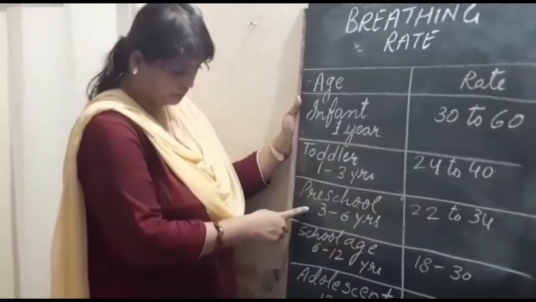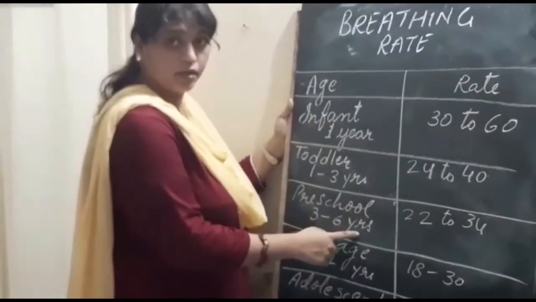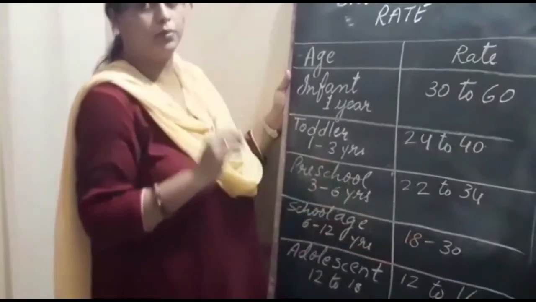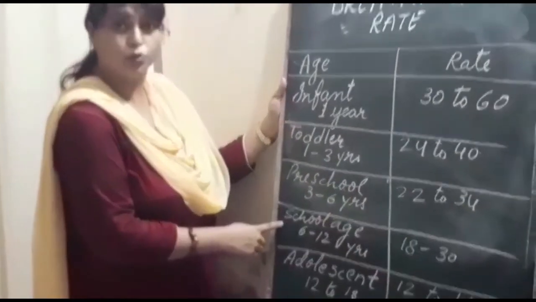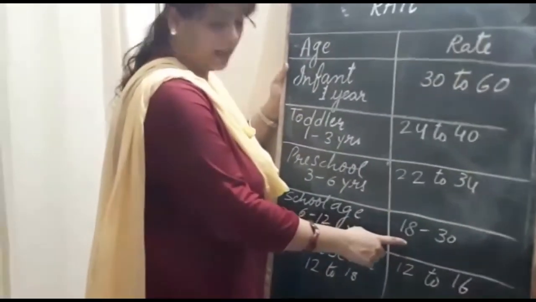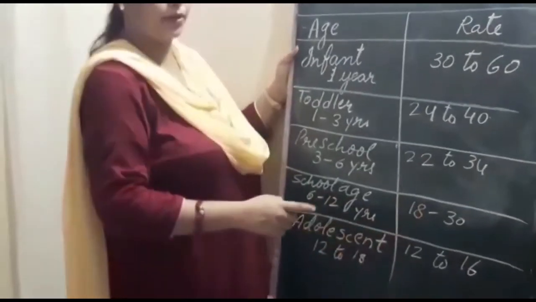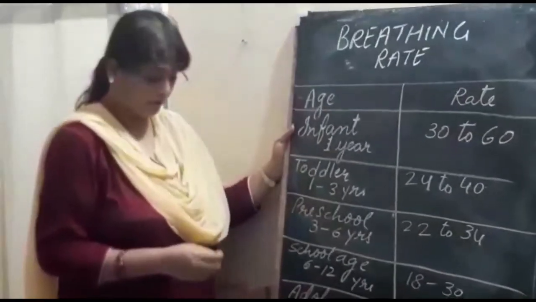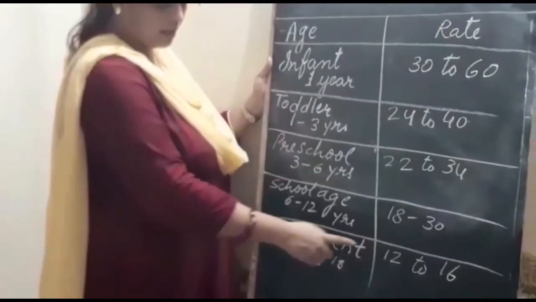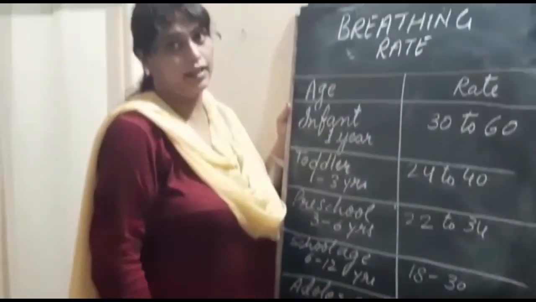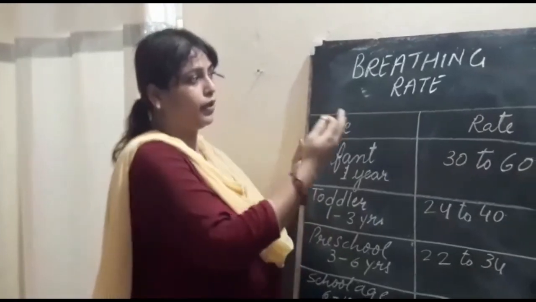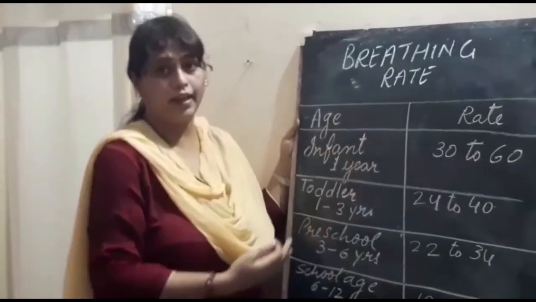In preschool, from 3 to 6 years, it is 22 to 34 breaths per minute. In school age, 6 to 12 years, it is 18 to 30 breaths per minute. And in the adolescent age, 12 to 18 years, it is 12 to 16 breaths per minute. So this was the table of breathing rate at certain ages.